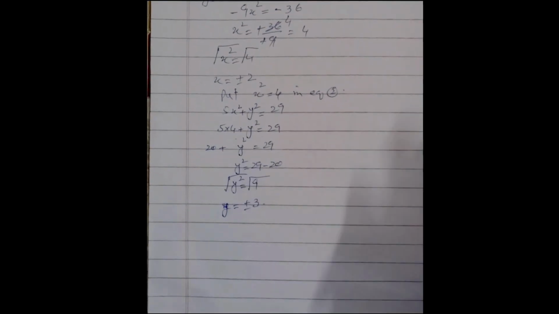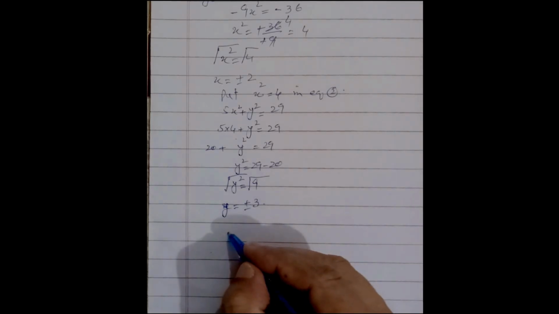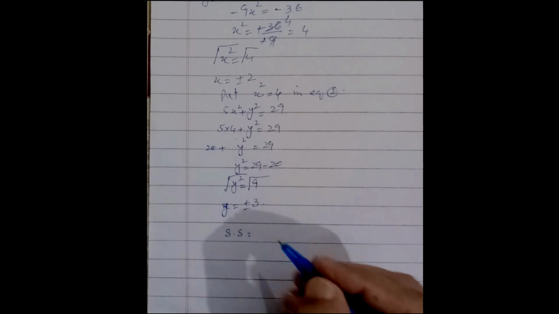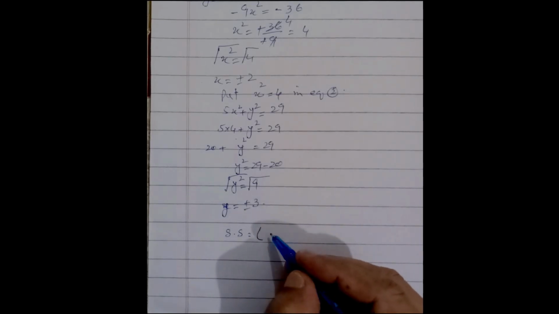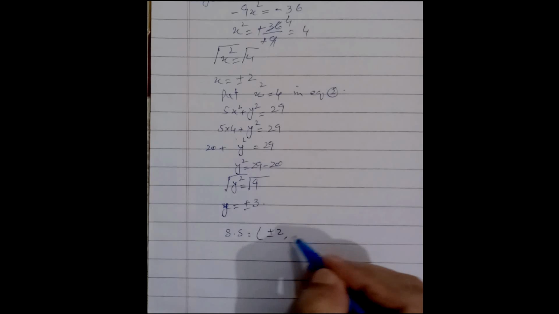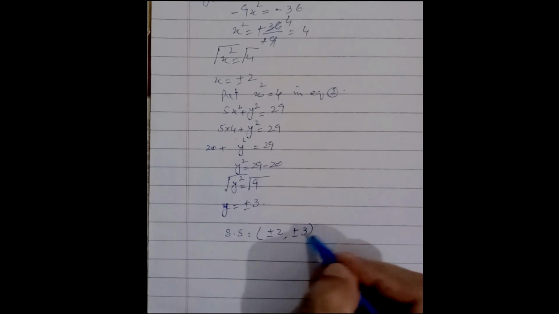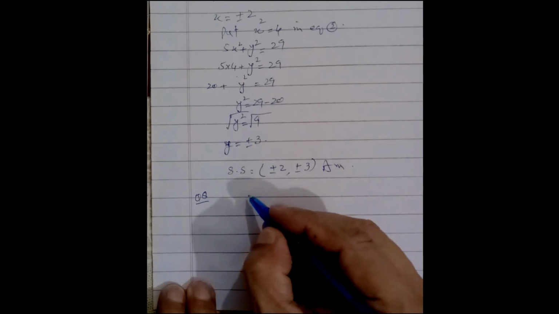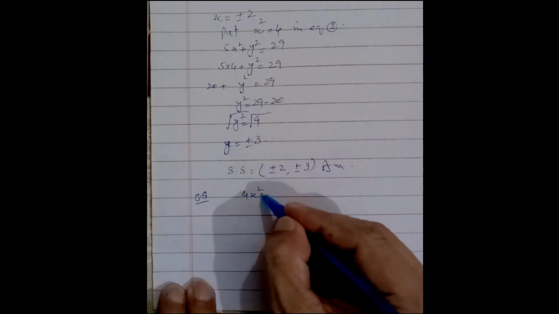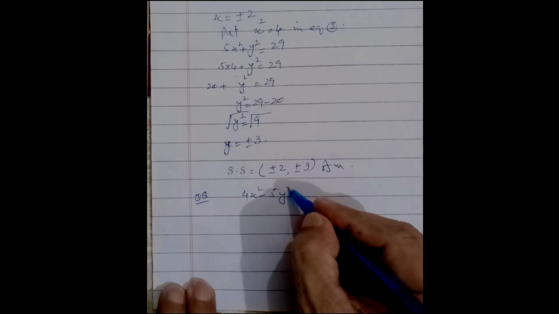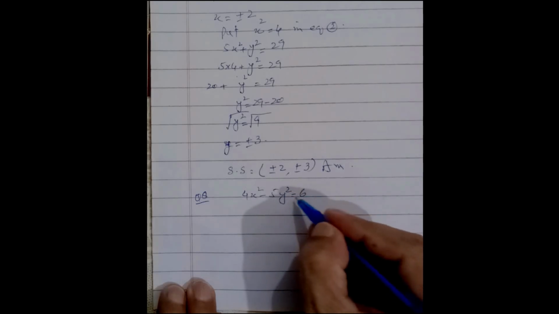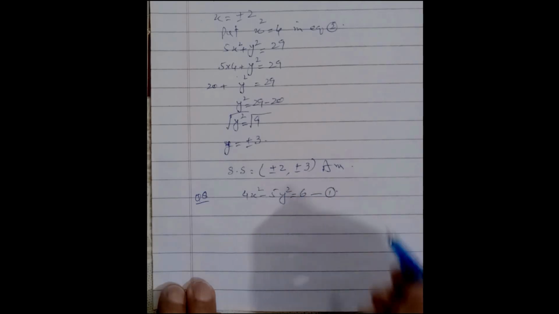In this way we find the values of x and y, and hence the solution set of question 7 is plus minus 2 and plus minus 3. Next, 4x square minus 5y square is equal to 6. It is equation 1.